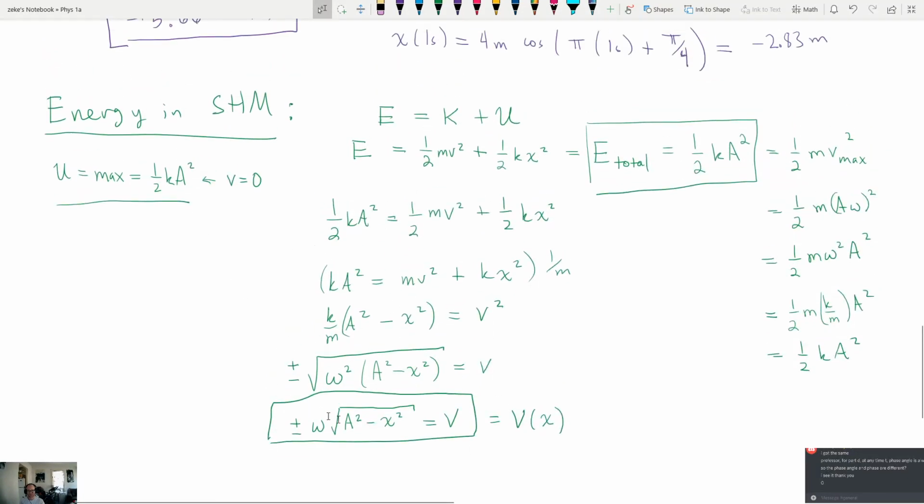So this is kind of a summary of the information that you can garner from energy for simple harmonic motion, but it's important to understand, this is something I'm going to talk about at the end of class today, that you don't need to memorize this equation, right? You just need to memorize that equation. And this is an equation you probably already memorized, right?